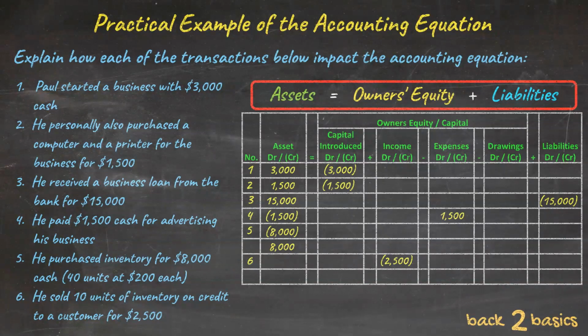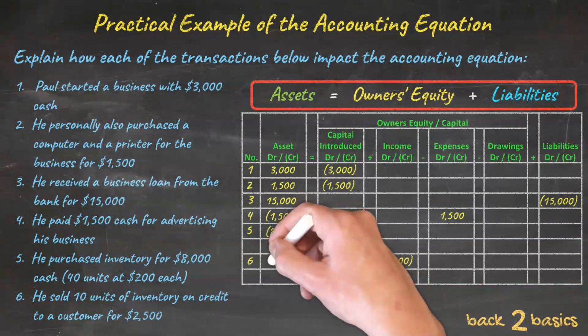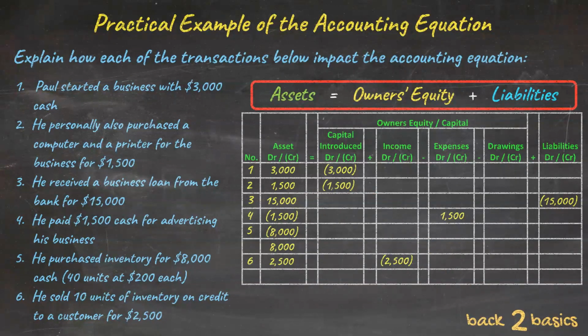But it was sold to the customer on credit, so we did not receive cash, but this customer now owes the company money, and it's part of our debtors control, our accounts receivable, which is an asset to the company, and that increased by $2,500.